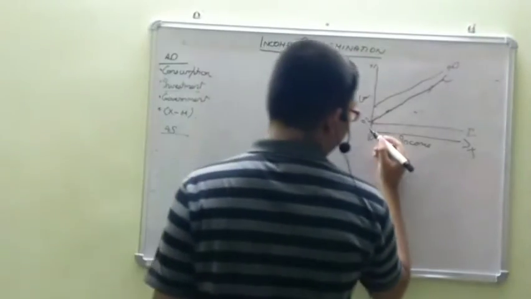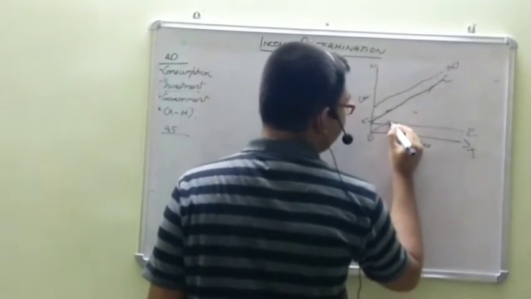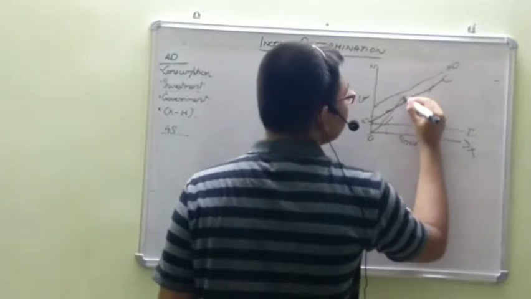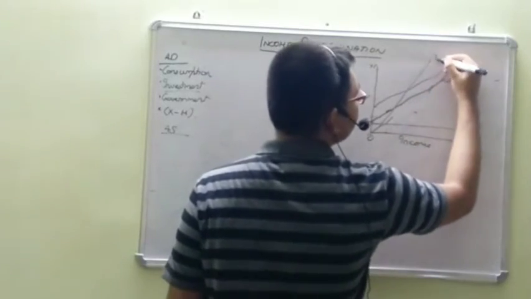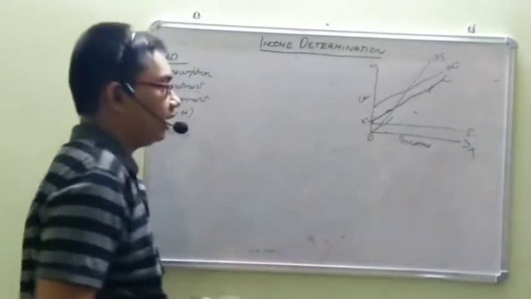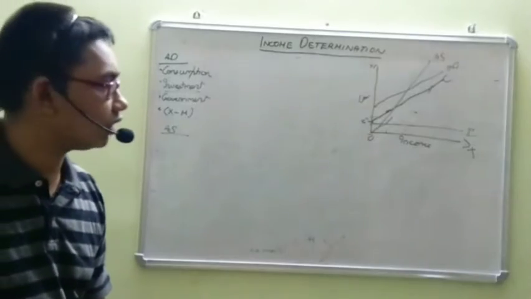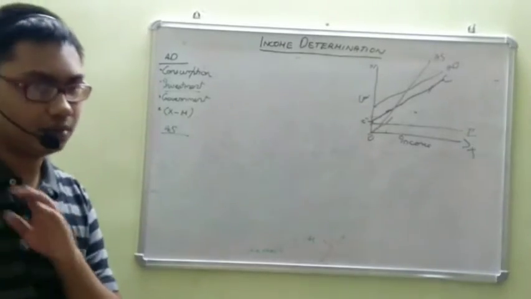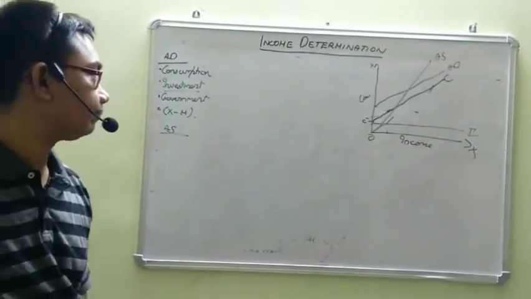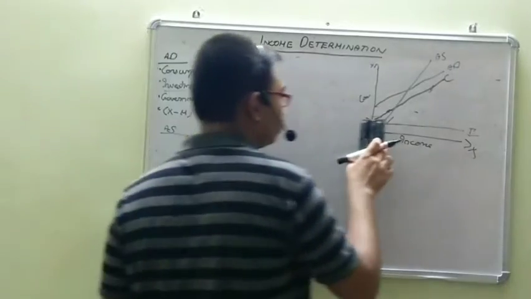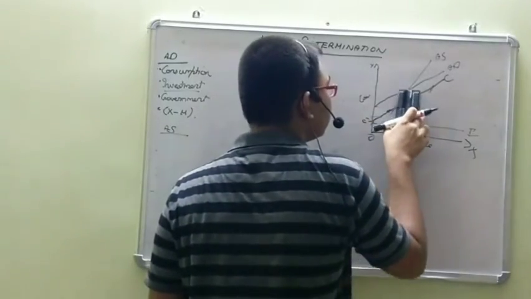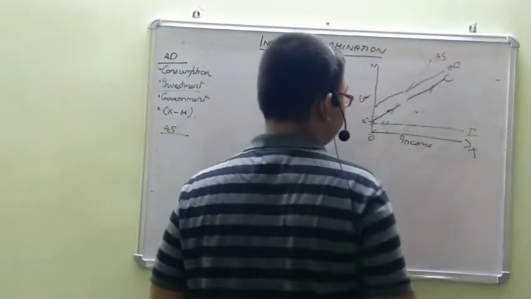Therefore, the AS curve will be a 45-degree line originating from the origin. At zero level of national income, there will be no production. So this is about AS.